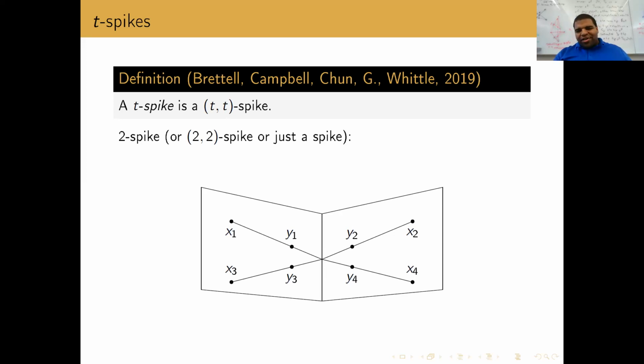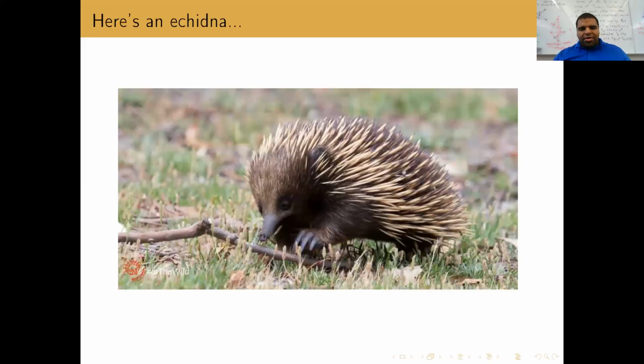And we were in Australia, so we got some inspiration from the wildlife there, and we named these things echidnas. So here's an echidna from some Australian wildlife. I've got these spines sticking out. These little spines remind us of these pairs of elements.